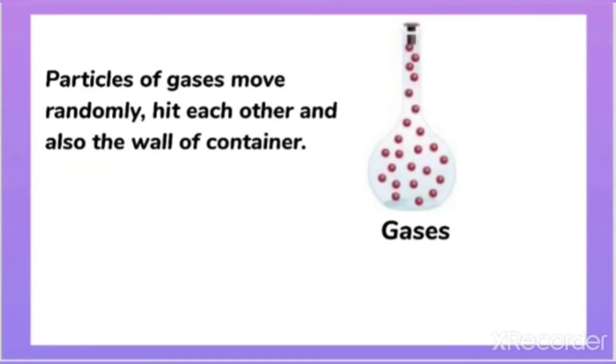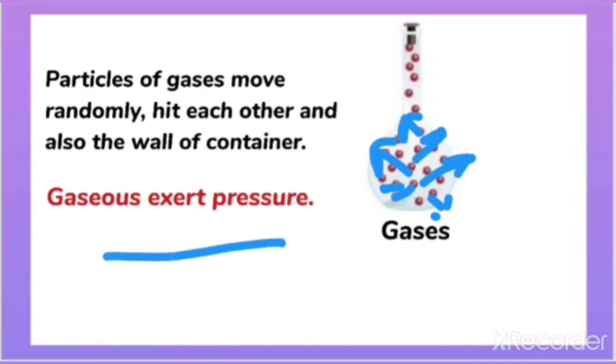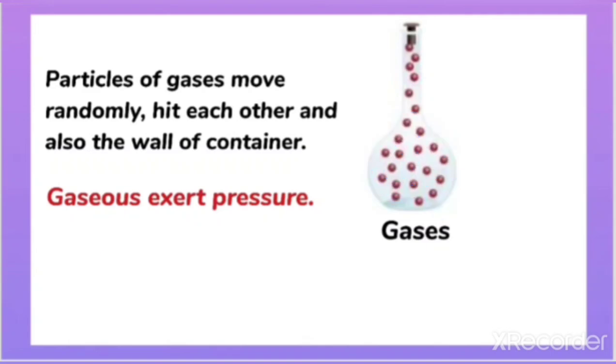This is what we call gas exerting pressure. Why does gas exert pressure? Because the particles are free to move. They move in such a way that they hit each other and also the walls of the container, so the gases exert pressure. This is one of the properties of gases, that gases exert pressure.